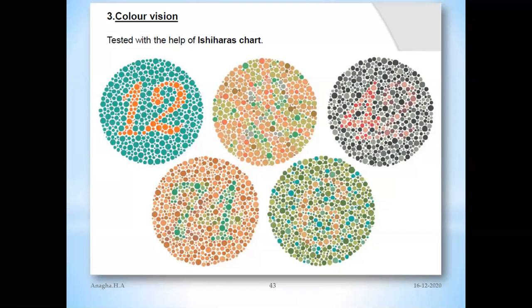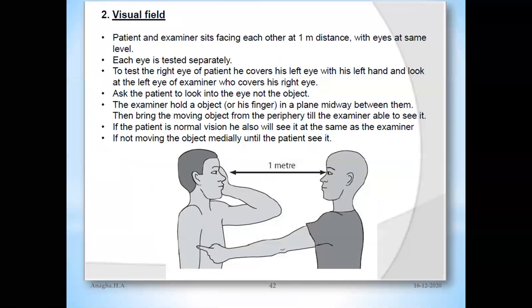Just for example, if there is any pituitary tumor, then there can be bitemporal hemianopia. That is, in both the left and right fields, half of the temporal part is not visible.